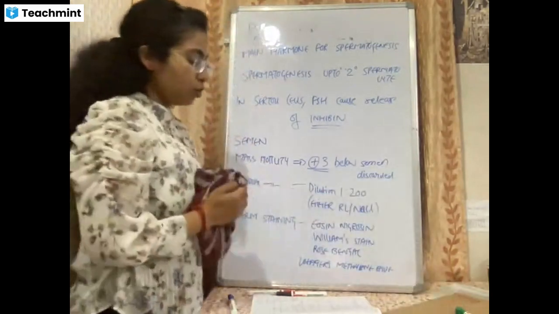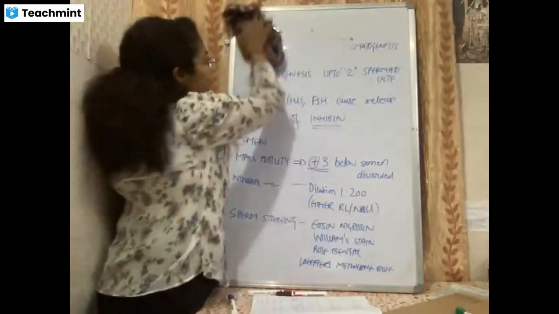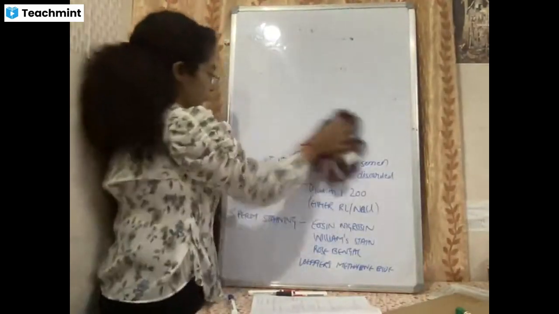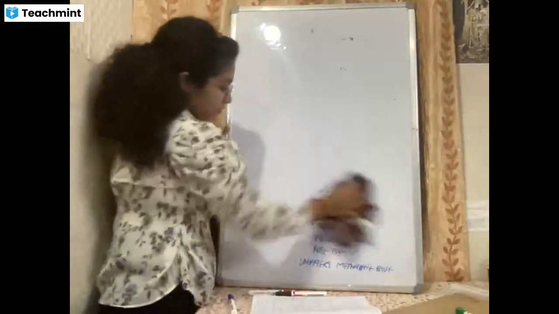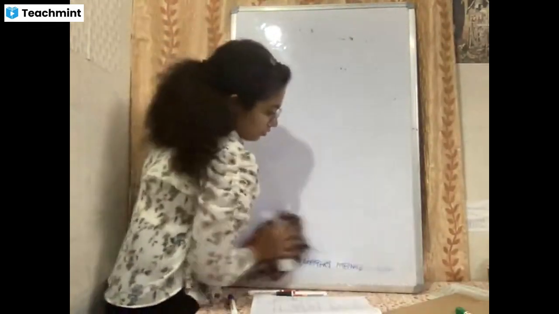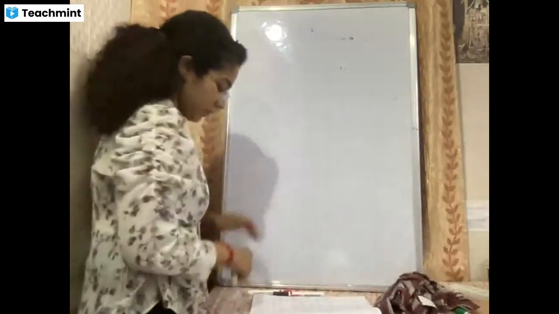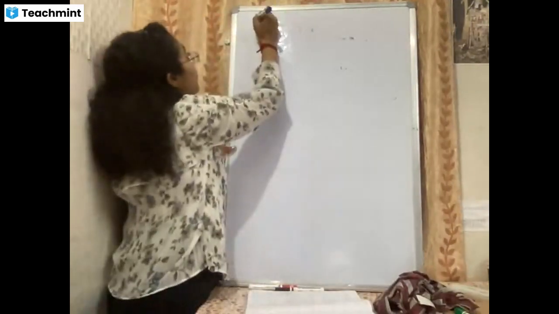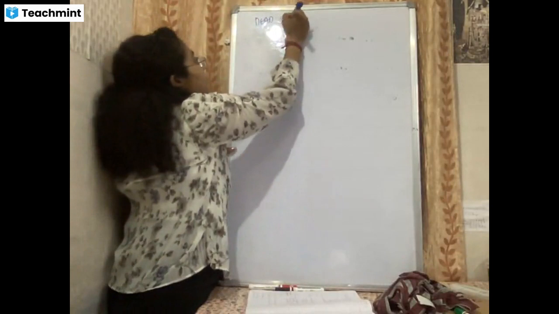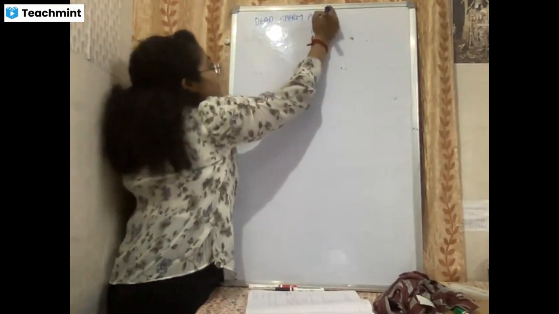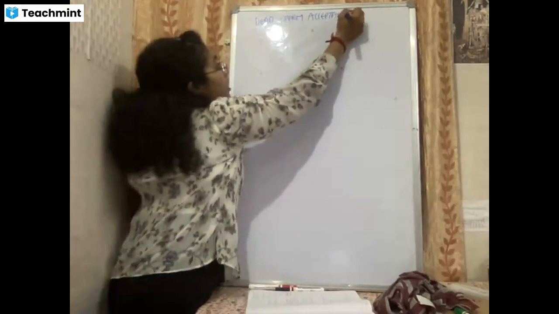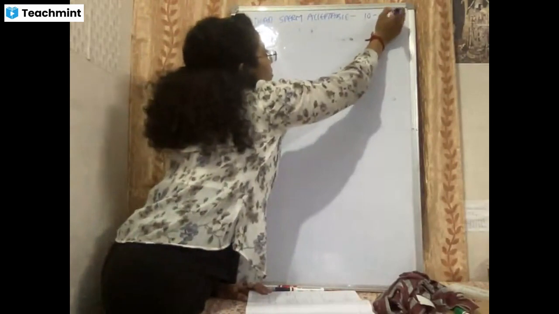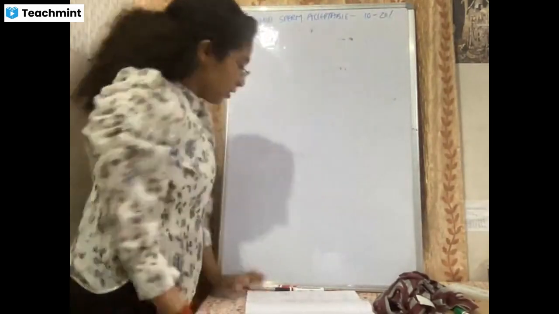Now, how much amount of the dead sperms are acceptable? It's 10 to 20%. 10 to 20% of the dead sperm are acceptable.